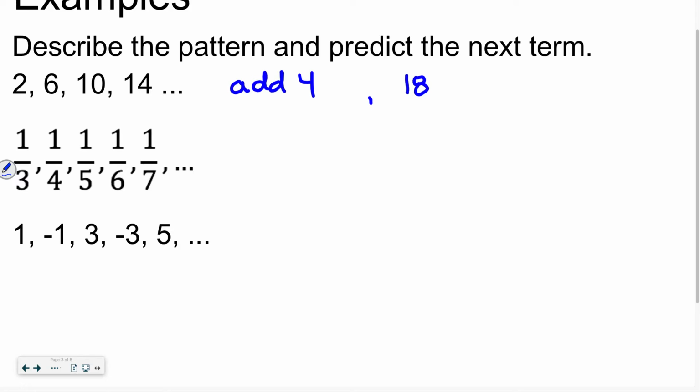Okay. New group. Describe to us the pattern. Josh? I said add 1 to the denominator. What would you say about your numerator for the pattern? Keep numerator.